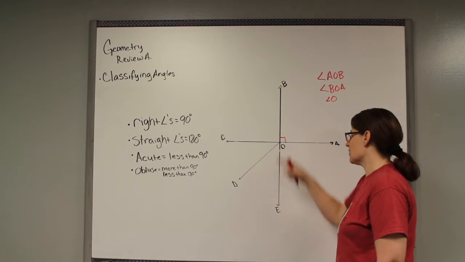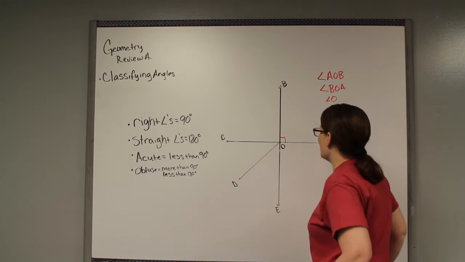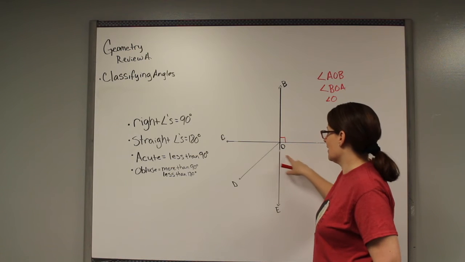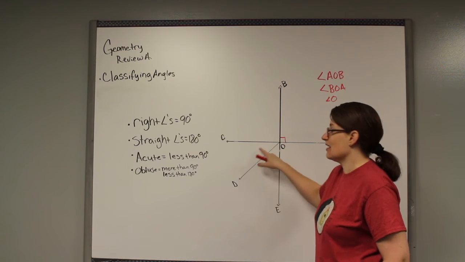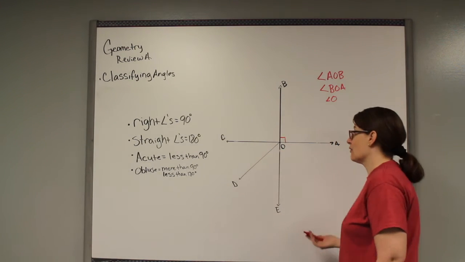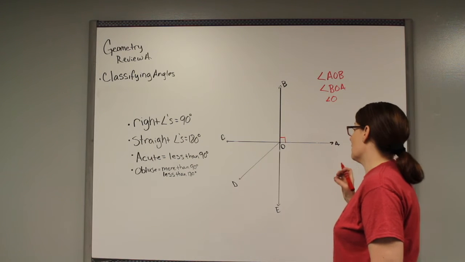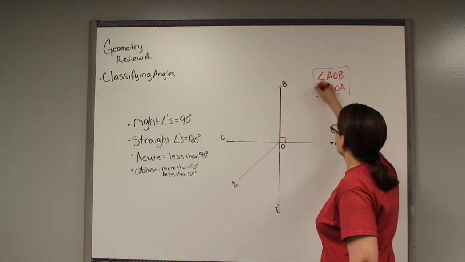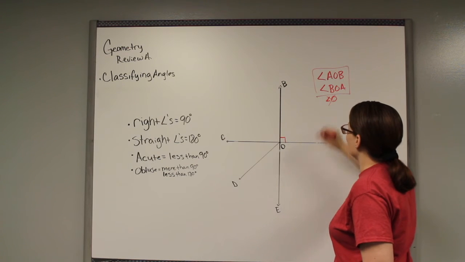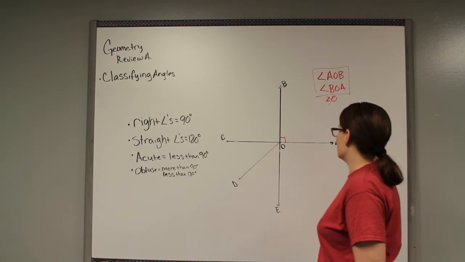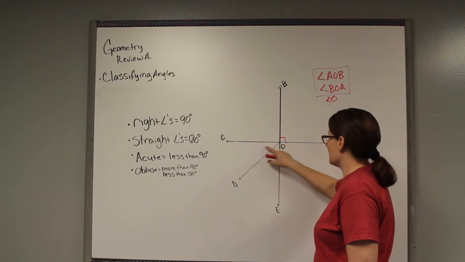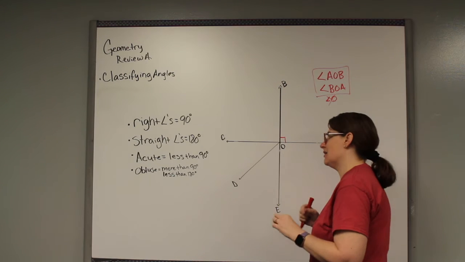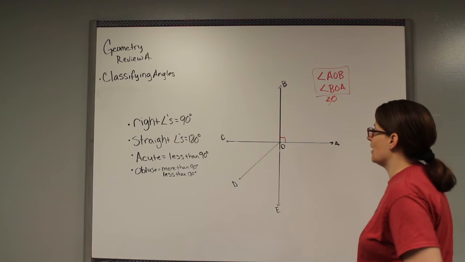If I labeled this just angle O, that's not enough information, because this could be angle O, this could be angle O, they're all angle O by their vertices. So label it more like this and not like that, and make sure that the point where the two lines come together, the vertex, is the middle letter, okay? So that's how you write them.